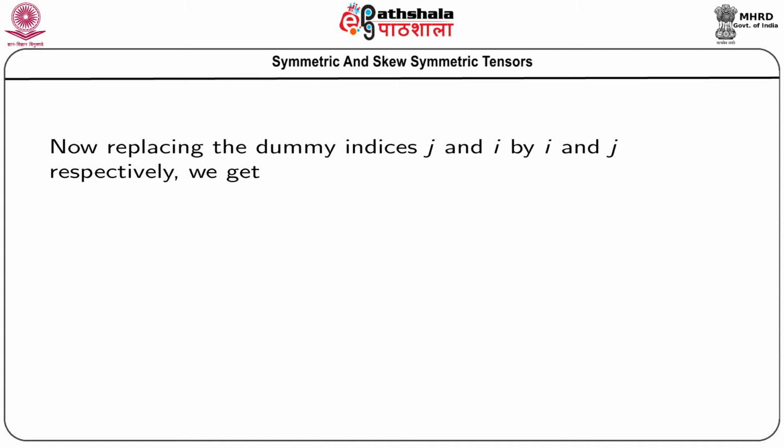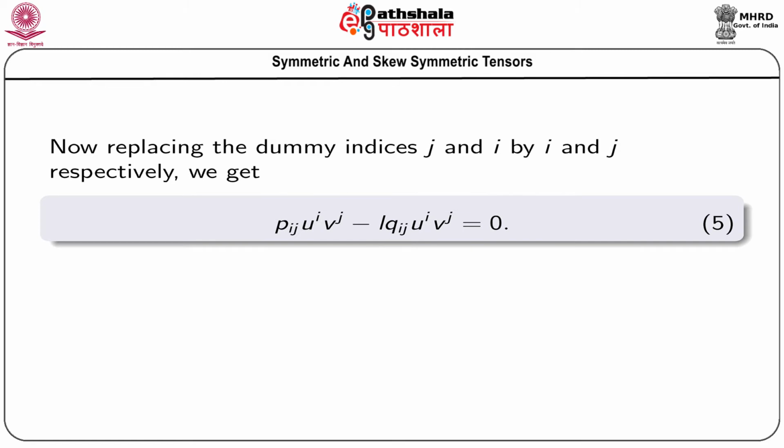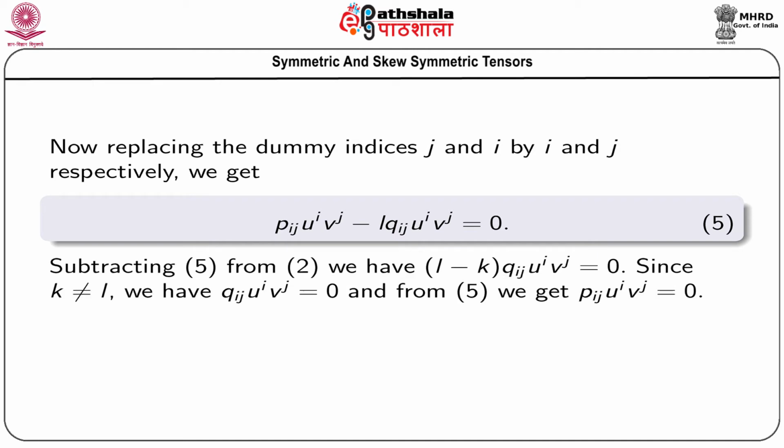Now, replacing the dummy indices j and i by i and j respectively, we get p_ij u_i v_j minus l q_ij u_i v_j equal to 0. So, subtracting 5 from 2, we have (l minus k) q_ij u_i v_j equals 0.